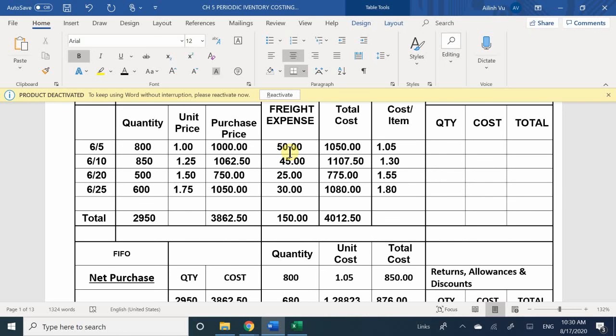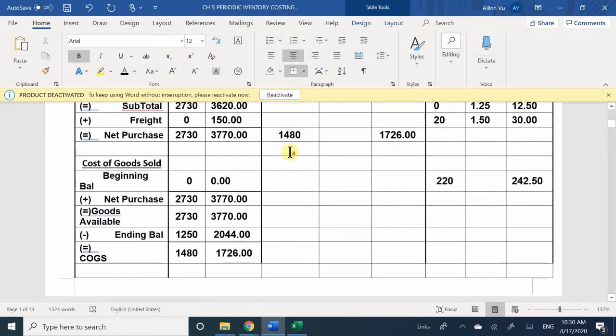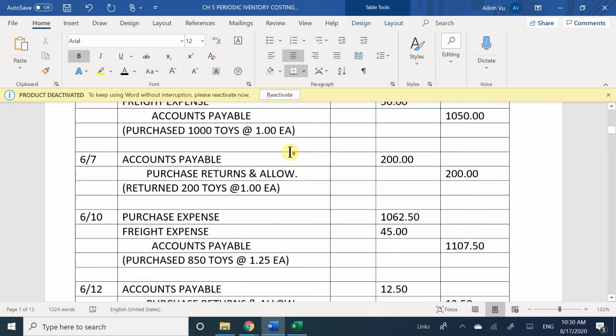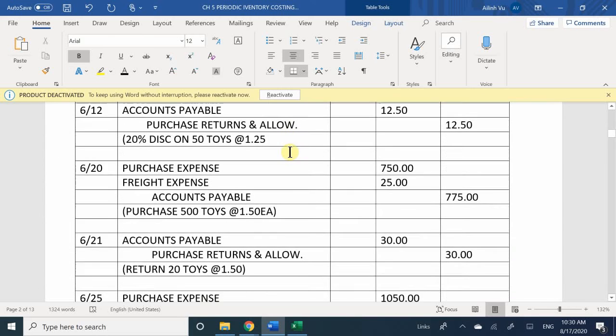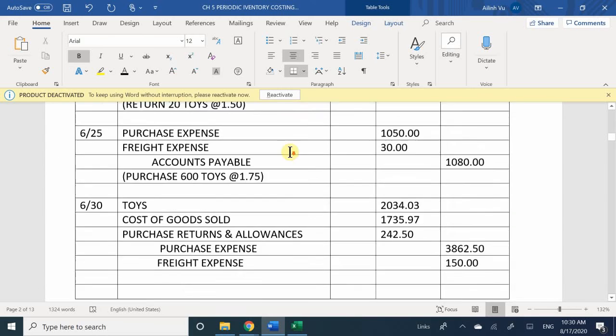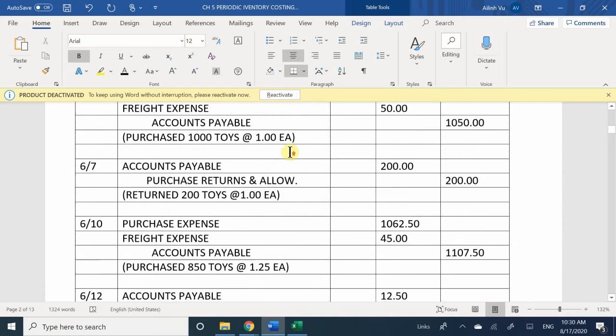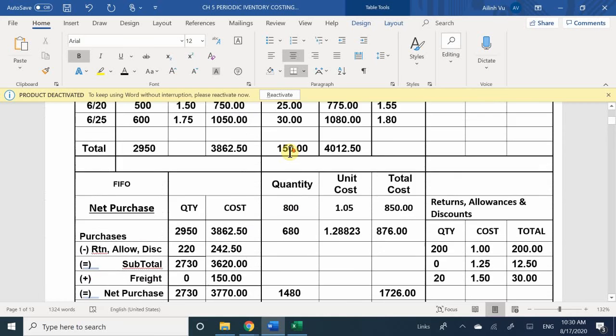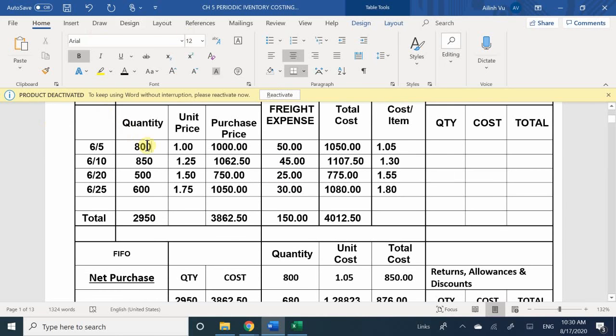It's going to give you a total cost that's going to reflect down here, and therefore how would you zero out your purchase returns and allowances if you got rid of it already? So every account is very specific. You cannot change this right here. This has to stay at 1,000.